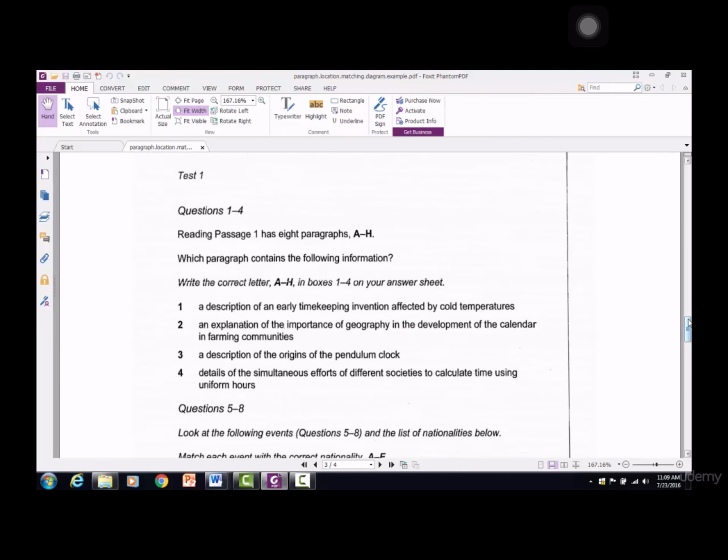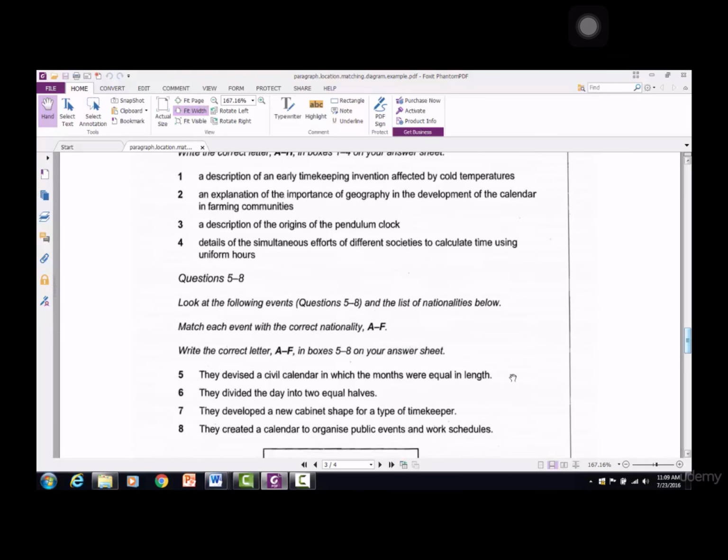All right, so let's look and see if that's a match for anything. They devised a calendar where the months were equal. We saw nothing about being equal. Divide the day into 2 equal halves. Nope. They developed a new cabinet shape for a timekeeper. Nope. They created a calendar to organize public events and work schedules. Okay, that's a match. To coordinate communal activities, that's a synonym for organizing public events.